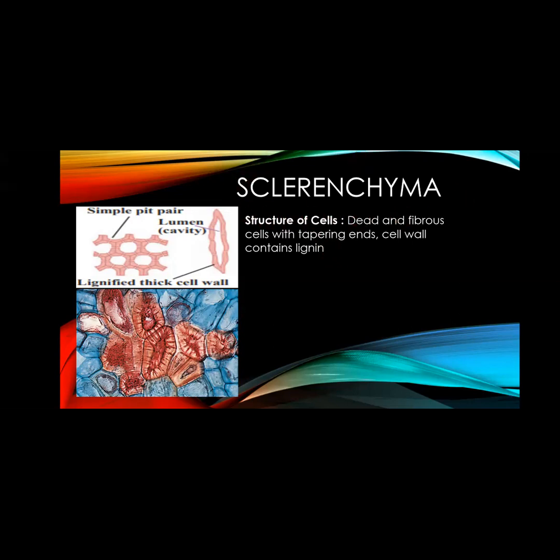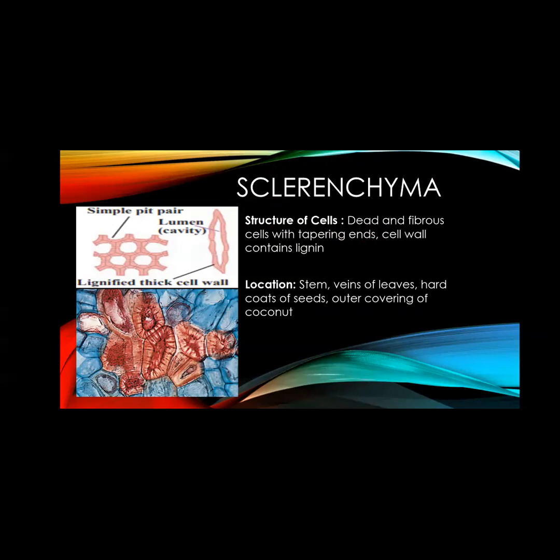Not only the stem, it is also present in the veins of the leaves, in the seed coat of any fruit, even the outer shell of the coconut, which is hard and brownish or greenish in color. Whatever hard structure is observed in the plants is because of Sclerenchyma.